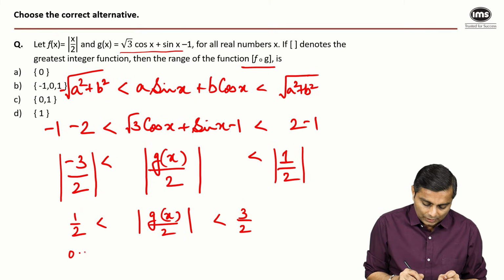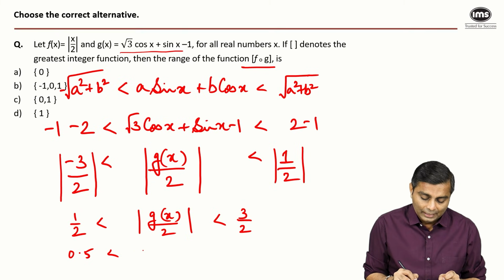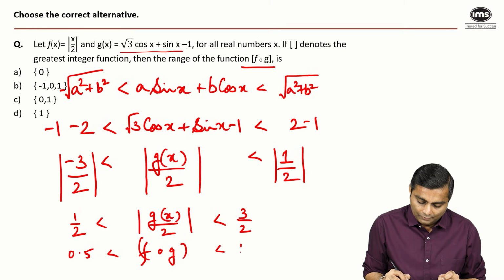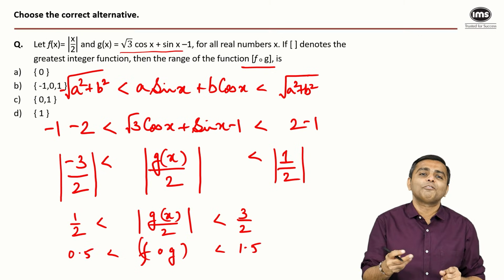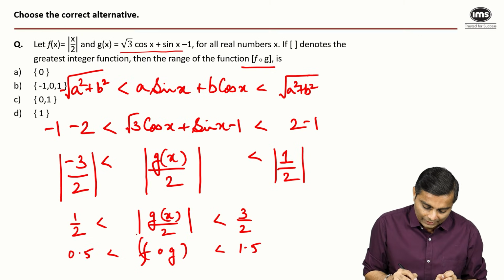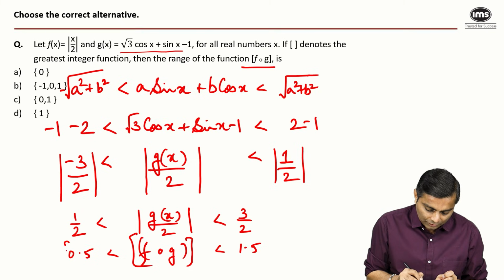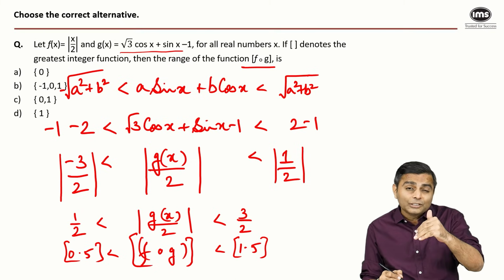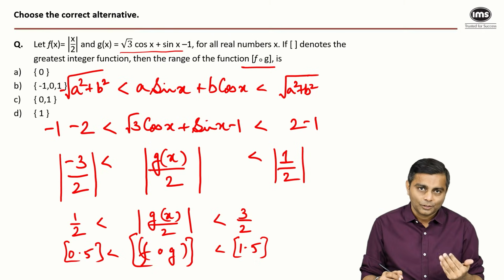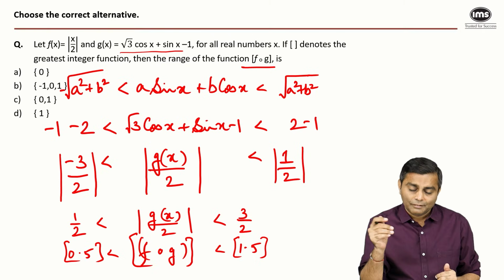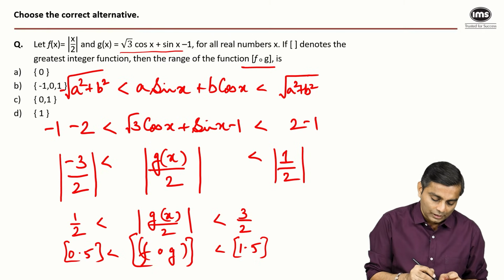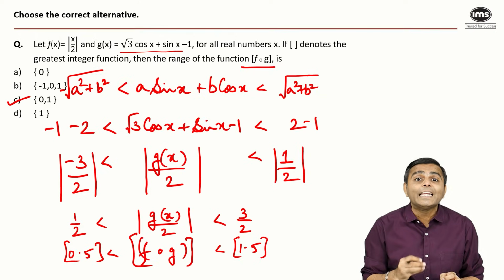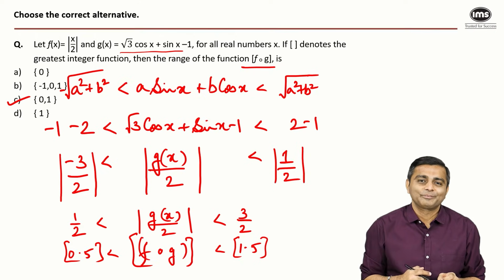So this is nothing but 0.5 less than f of g less than 1.5. Now the last step is the square bracket, which is what we are asked. Greatest integer of 0.5 is 0, greatest integer of 1.5 is 1. So 0, 1 is going to be our range, option C.